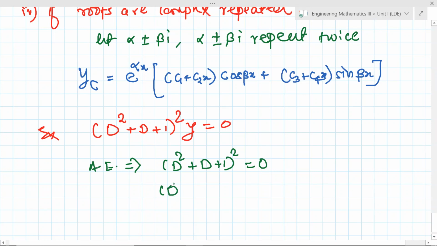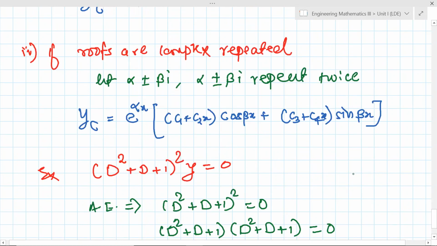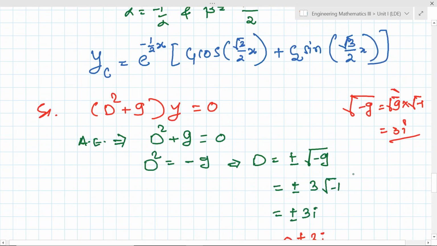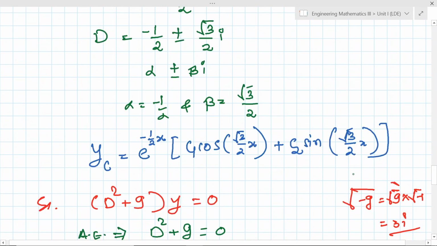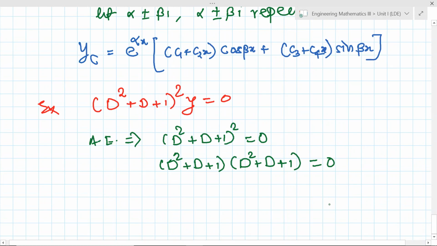It means (D square plus D plus 1) into (D square plus D plus 1) equal to 0. So for D square plus D plus 1, what are the roots? See, minus 1 by 2 plus minus root 3 by 2 i.